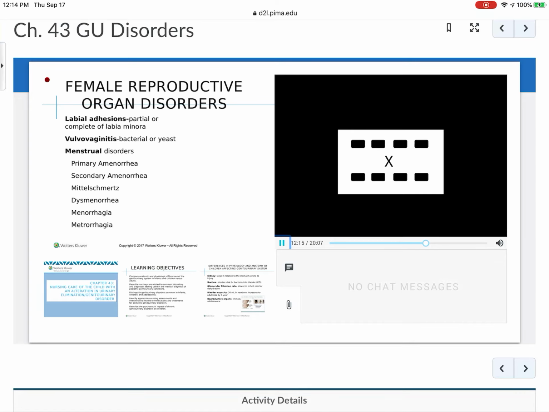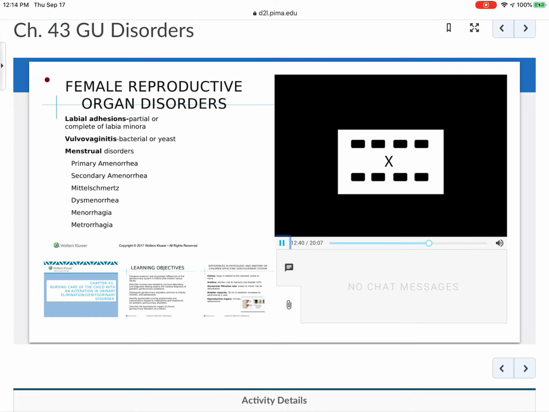We will talk a little bit about menstrual disorders. Menstruation usually begins about 2 years after their secondary sex organs start forming, so breast development, and around 12 to 13 years. It really depends. And sometimes we see disorders with menstruation.